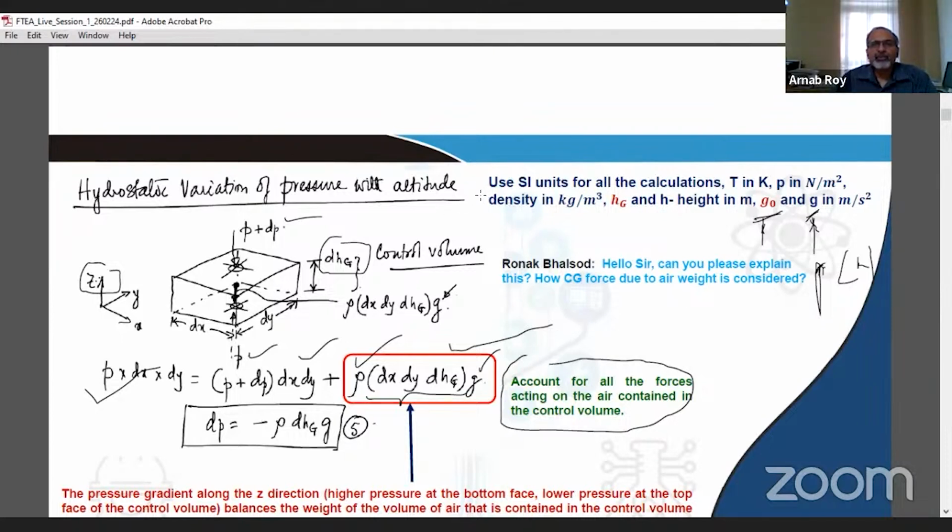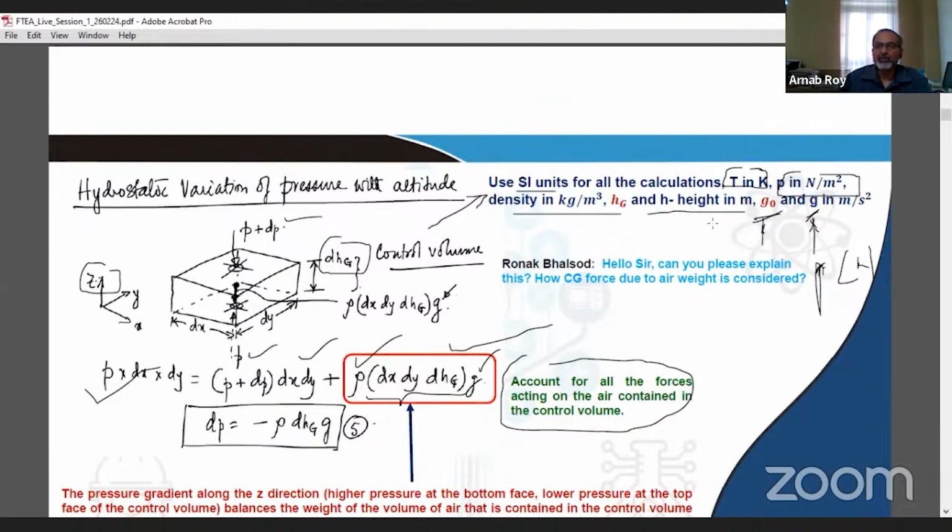One thing that we have to be very careful about is the units as we use them. So I would recommend that you use the SI units consistently: temperature in Kelvin, pressure in pascals or Newton per meter square, density in kg per meter cubed, heights in terms of meters.